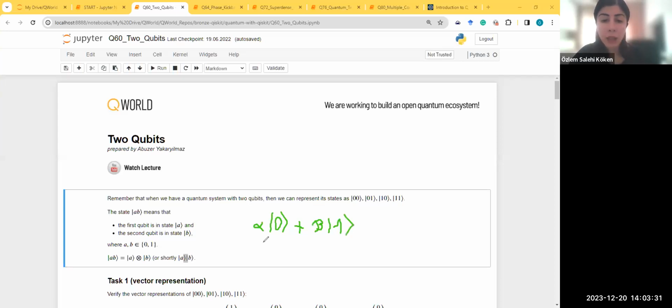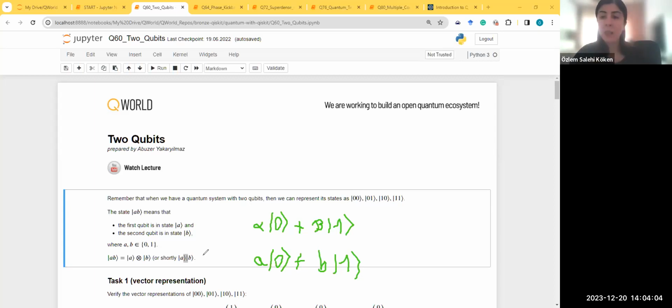And let's say I have another quantum state, A 0 plus B 1. So our quantum states do not have to be only in state 0 or only in state 1. It can be arbitrary.